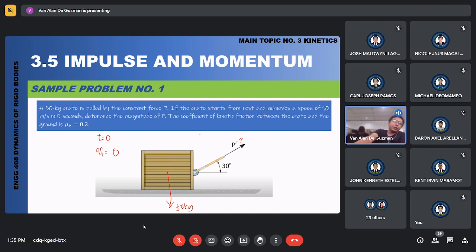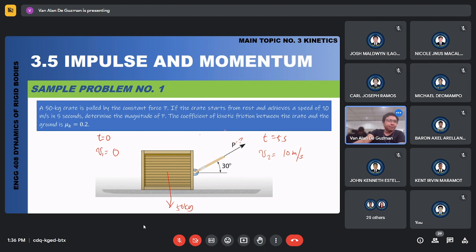So at t equal to 5 seconds, meron na daw siyang velocity na 10 meters per second. Determine daw the value of P, the magnitude of P.